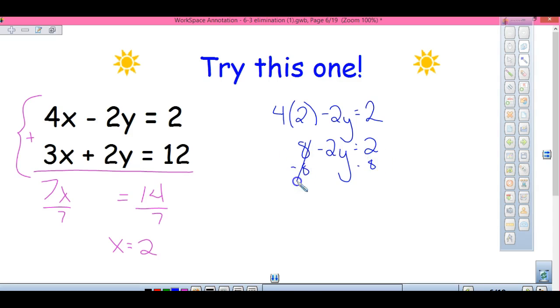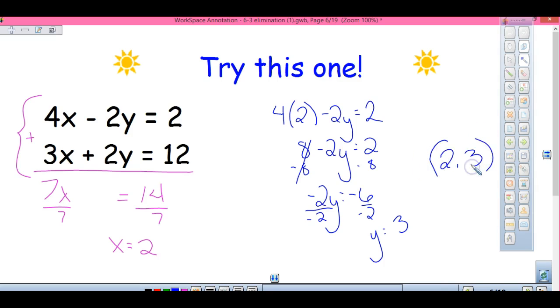What do I bring down? Be careful. Negative 2y equals negative 6. Now what? Divide by -2, y equals +3. Good. So my solution is 2, 3.